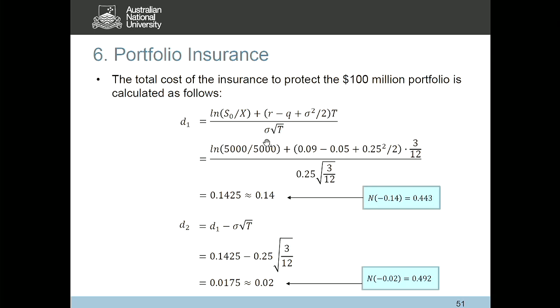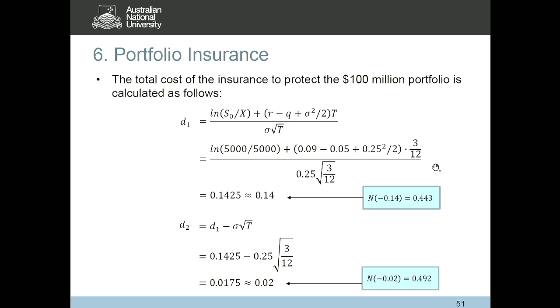So X is equal to 5,000. And the risk-free rate is 9%. The dividend yield is 5%. We are also told the standard deviation is 25%, and the time horizon is 3 months.